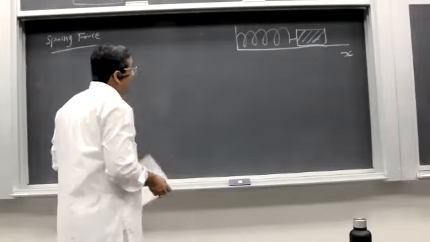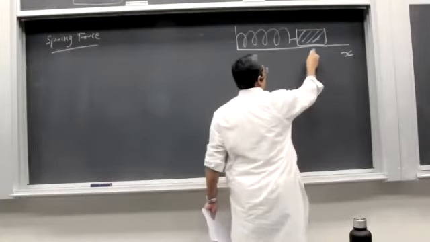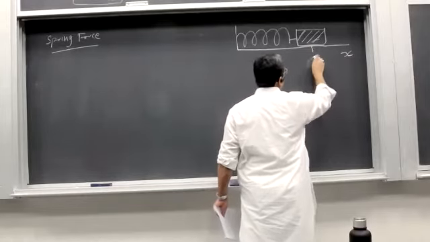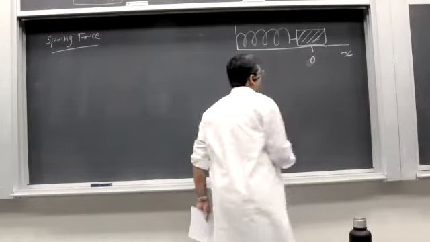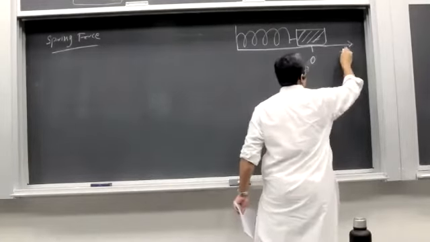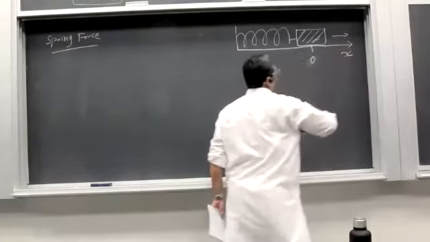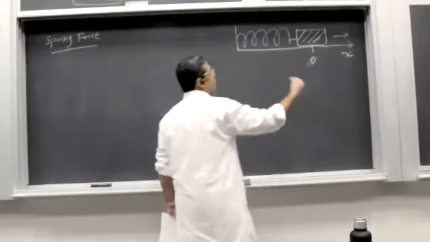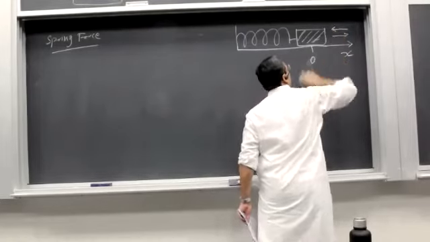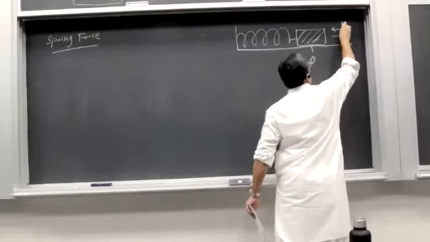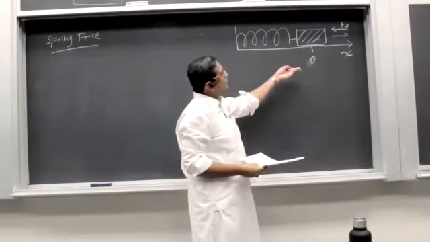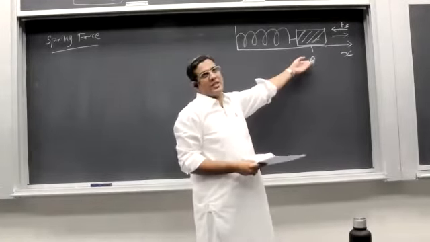Let's say that this is the natural length, position x naught, or let's say that this is the 0 of our coordinate system. Now if you push the object in this direction, the spring tries to pull it backwards. The spring force Fs is always in the opposite direction of the displacement from the natural length.